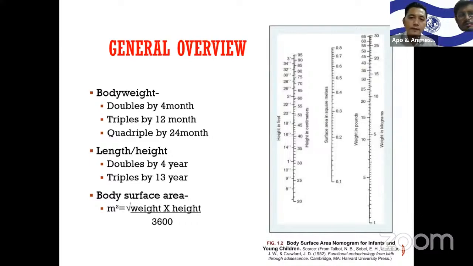And on the right side, I've taken a picture from Smith again, showing a body surface area nomogram for infants and young children. If we know the weight or height of children, we can calculate the body surface area accordingly from this nomogram.